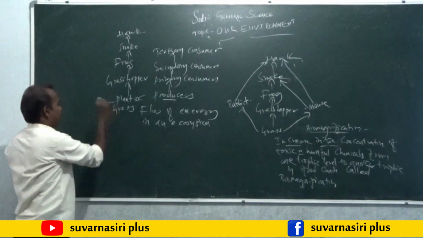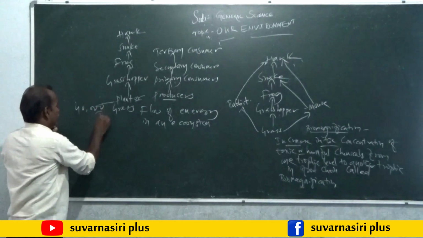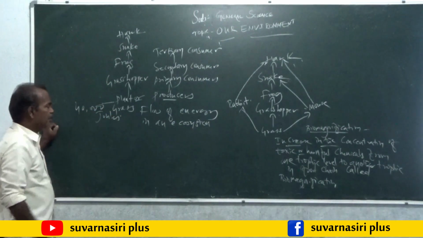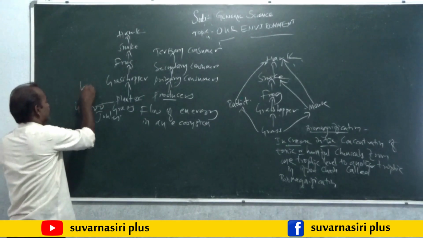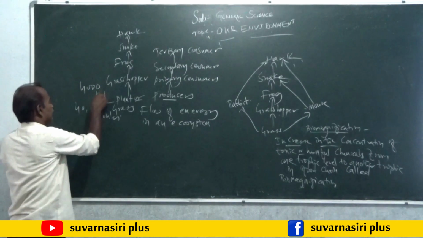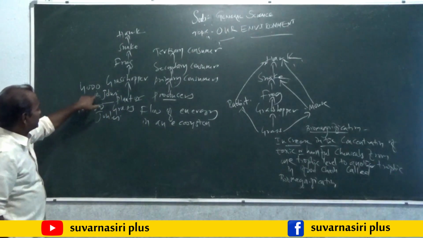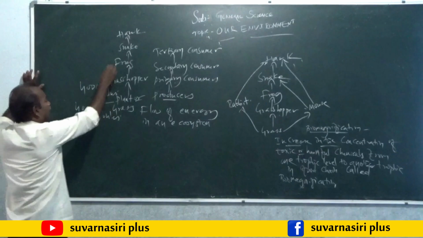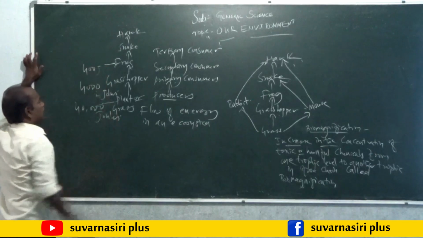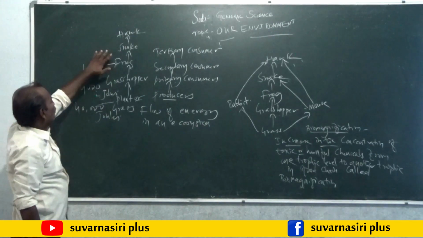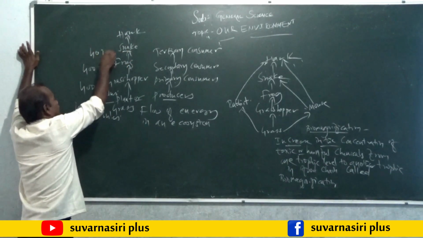Suppose here the plants capture some 40,000 joules of energy. When it moves to grasshopper, it becomes 4,000 joules of energy. And when this 4,000 joules of energy enters the frog, it becomes 400 joules. Like this, when it moves to the snakes, it becomes 40 joules.